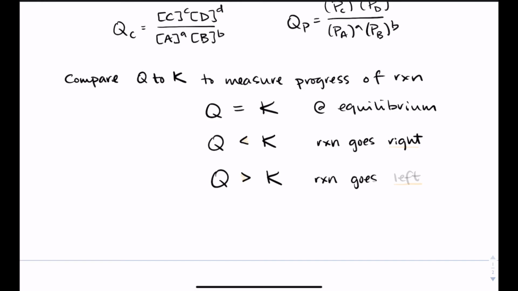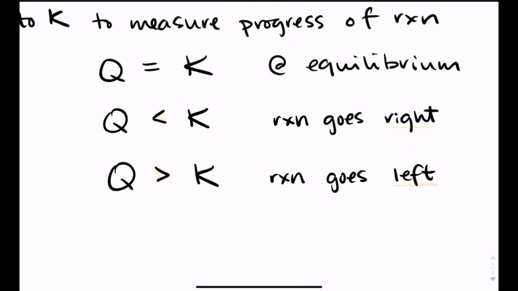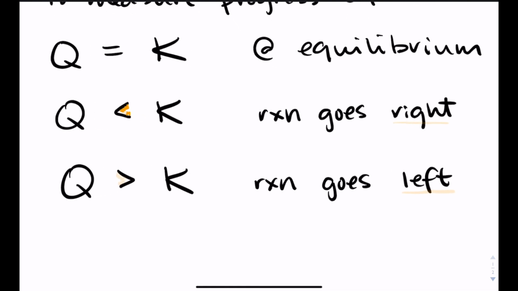The way that I remember it, if you think back to whichever part of elementary school they taught you greater than and less than signs: Q less than K, imagine that this less than sign is a little alligator mouth, and I've drawn some little chompy teeth in here. It's chomping toward the K, which is on the right. So little chompy mouth pointed to the right, my reaction goes to the right.